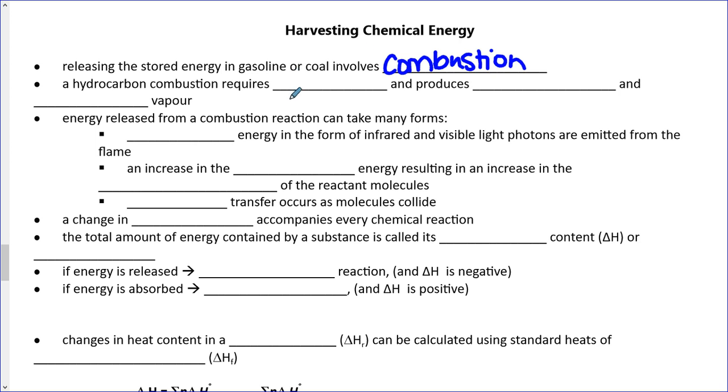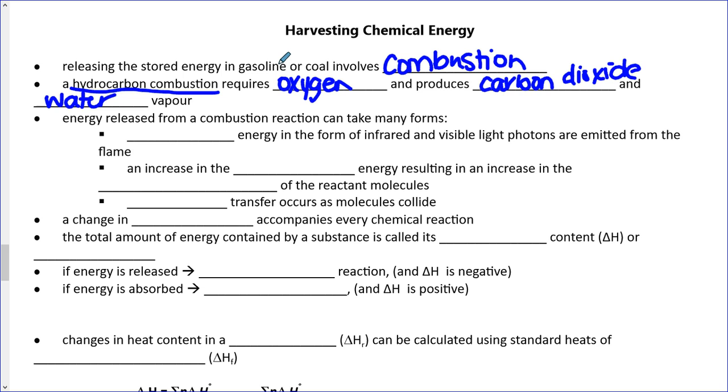So a hydrocarbon combustion requires oxygen as one of the reactants and produces both carbon dioxide and water vapor. So it also would require a hydrocarbon, but requires oxygen as a reactant as well, and produces the two products, carbon dioxide and water.